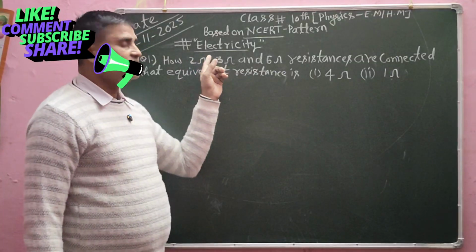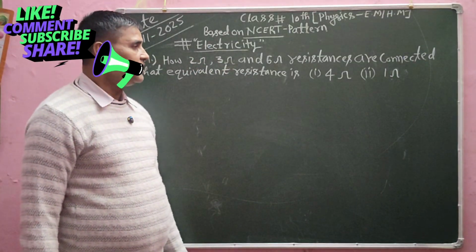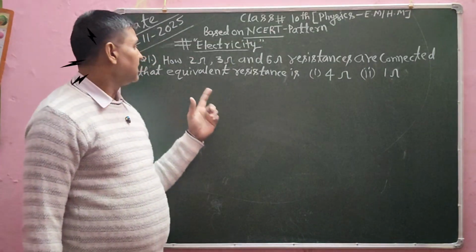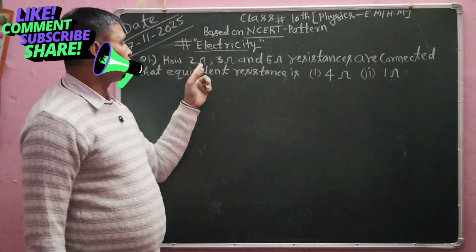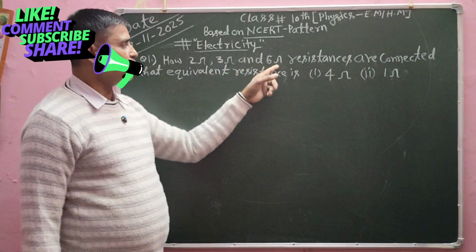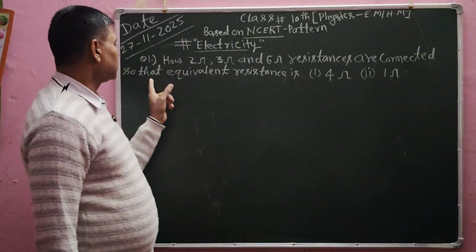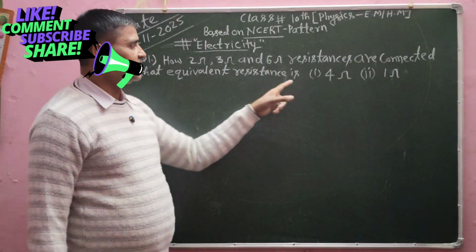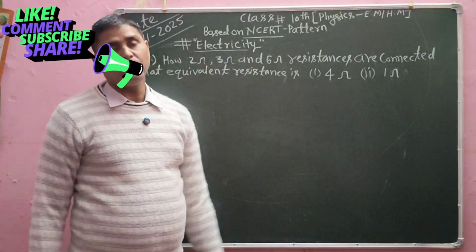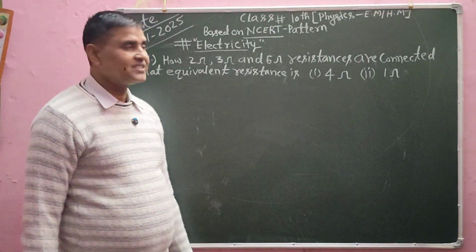Now in this chapter I am going to explain electricity. There is one question written in this form: how should 2 ohm, 3 ohm and 6 ohm resistances be connected so that the equivalent resistance is, in one case 4 ohm and in the other 1 ohm. It means that three resistances are given.